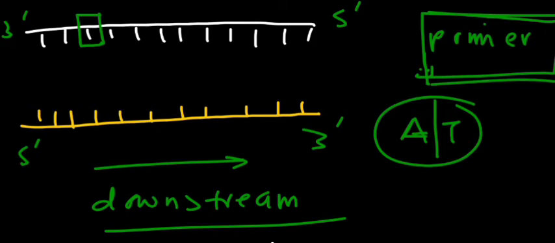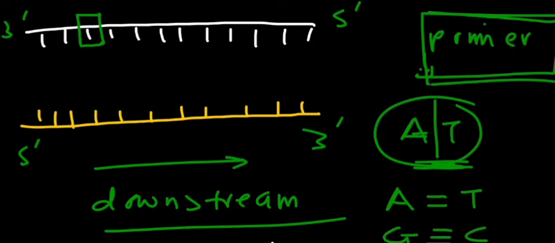Why does replication begin where there is high density of these two nucleotides? The reason is simple. Between adenine and thymine, there are double bonds, but between guanine and cytosine, there are triple bonds. And you know that it takes less energy to break double bonds than triple bonds.